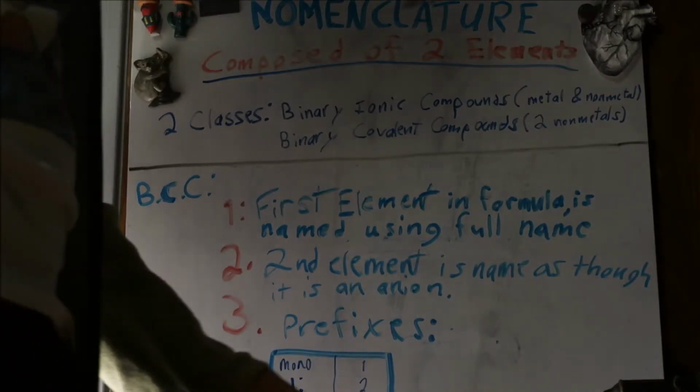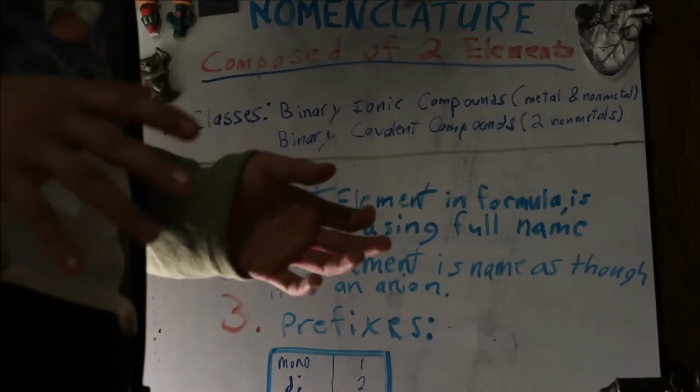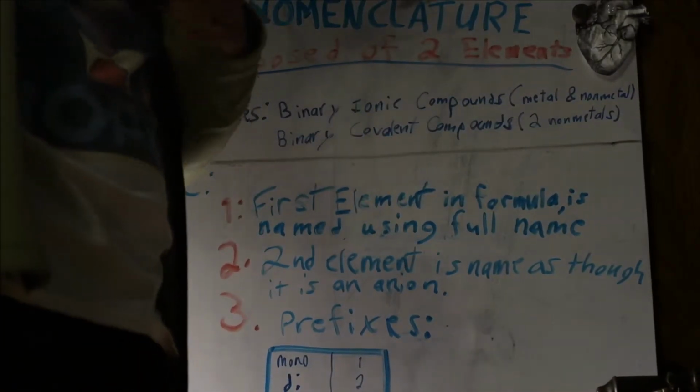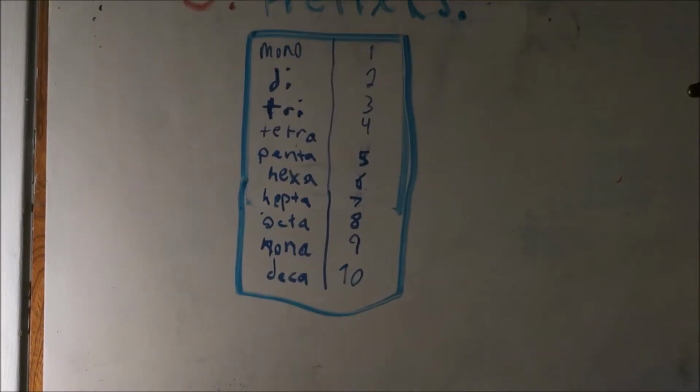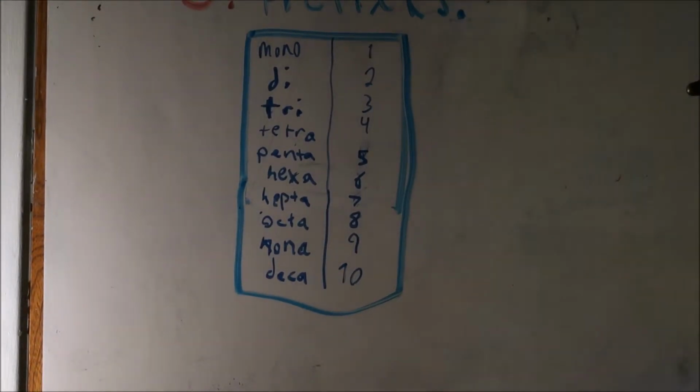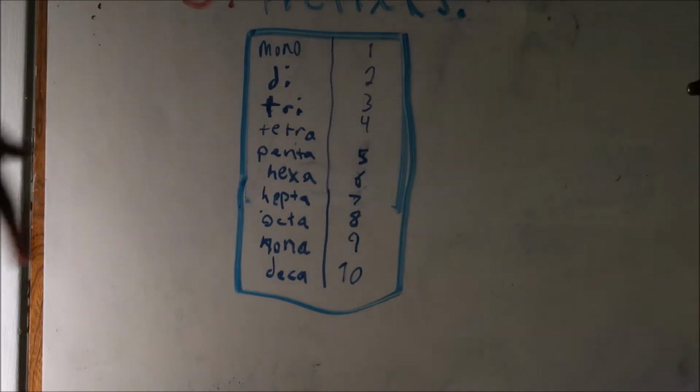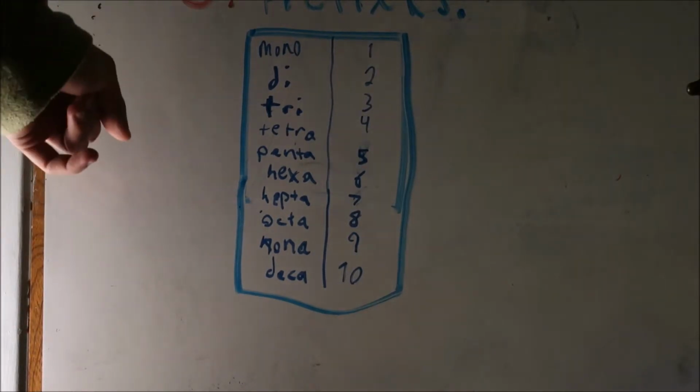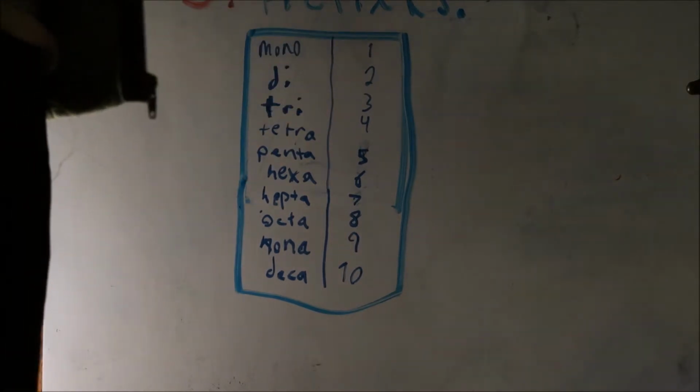And finally, when it's a covalent compound, you must assign prefixes. We'll talk about that more in depth here. Prefixes are used to denote the number of atoms present.